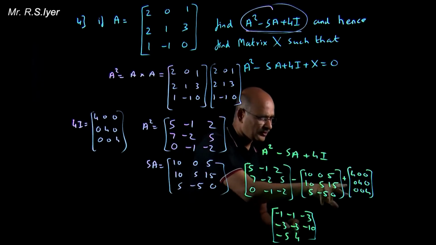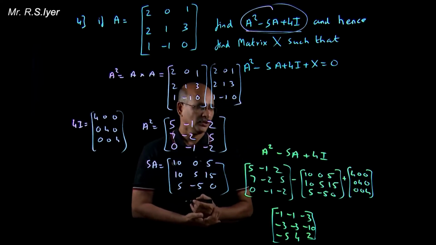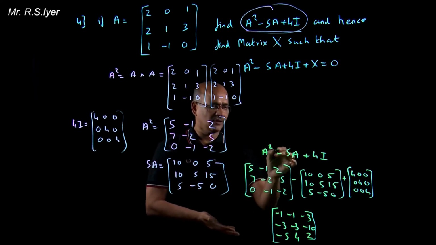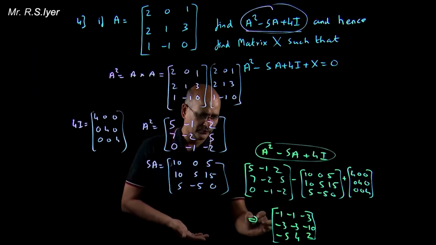So minus 2 minus of minus 2 plus 4 is nothing but 2. So I got the value of this particular pattern of sum, that is this value.